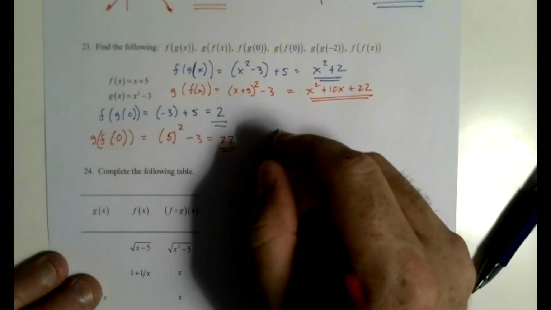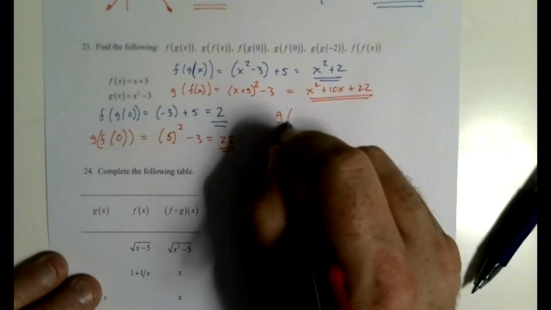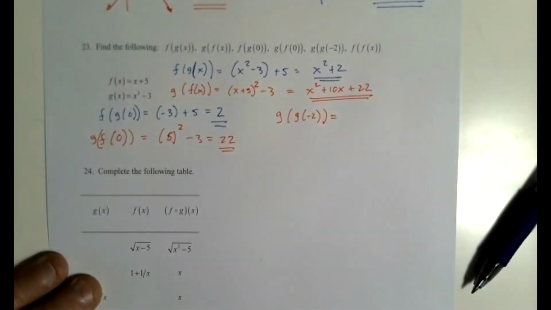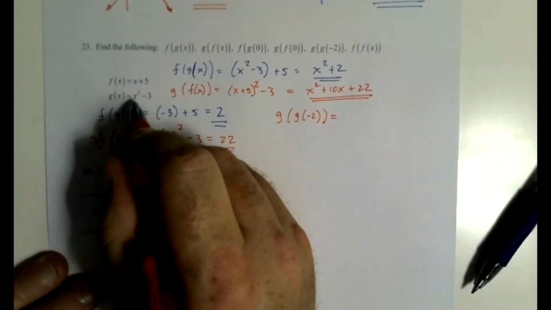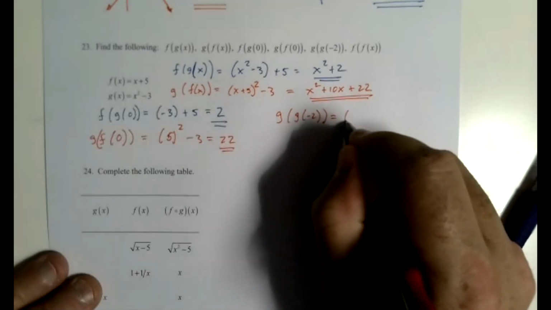F of g of -2, this freaks people out, it's really not a big deal, equals -2 squared, which is 4 minus 3, which is 1.